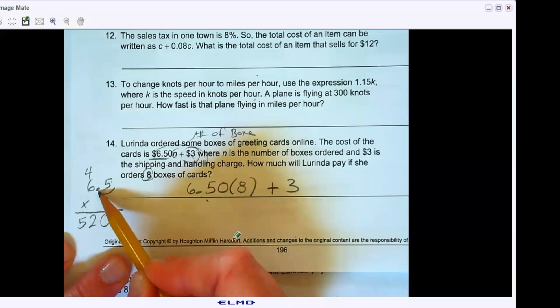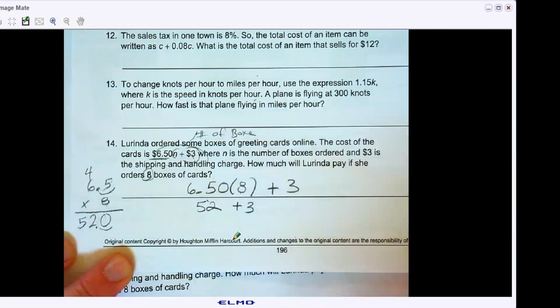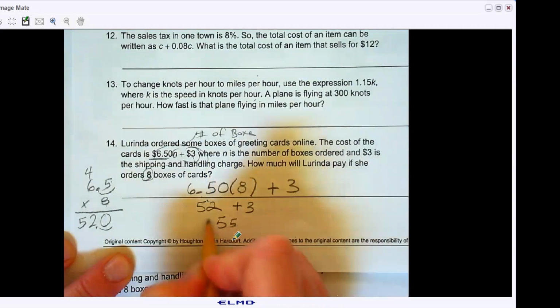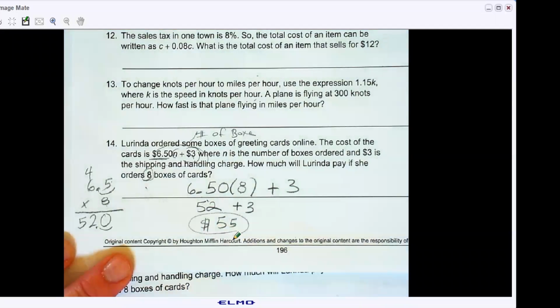I have 1 decimal place, so I have $52 plus my $3 shipping. So I'm going to spend $55 to buy 8 boxes of cards. Awesome sauce. Feeling like a rock star. I'm going to leave that there. Let your beautiful, juicy brains simmer over that one for a second.